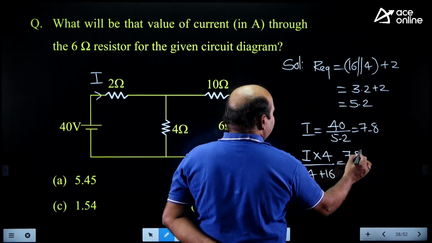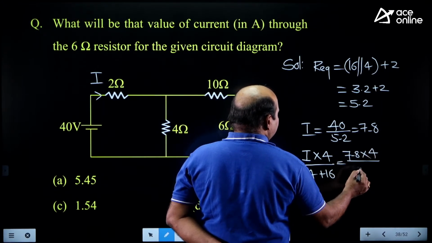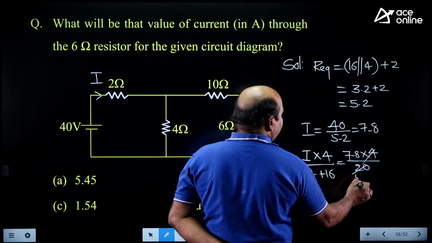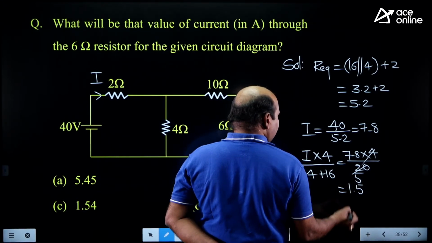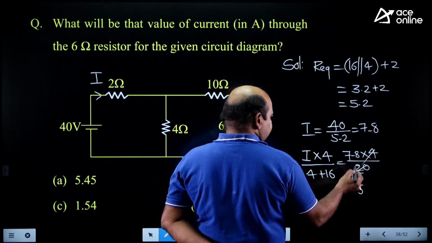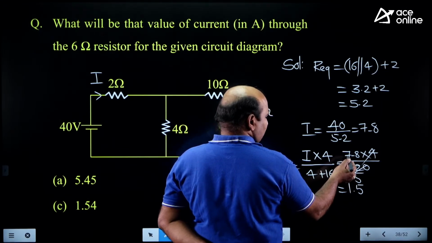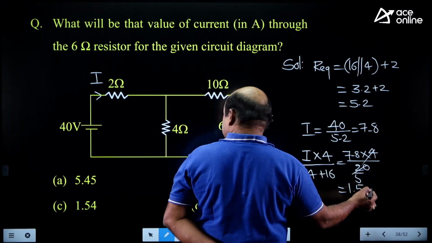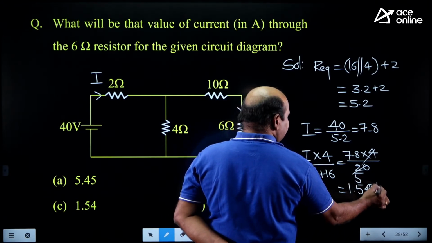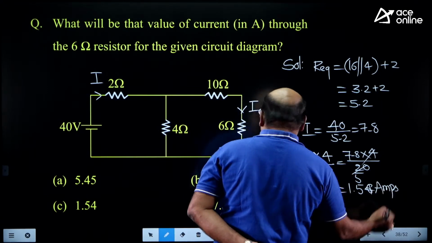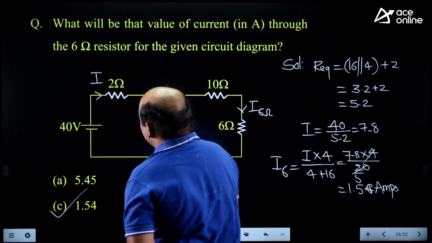That's why 7.8 into 4 by 20, which is one-fifth, we are getting about 1.56. According to this, that's why option C is the correct one.